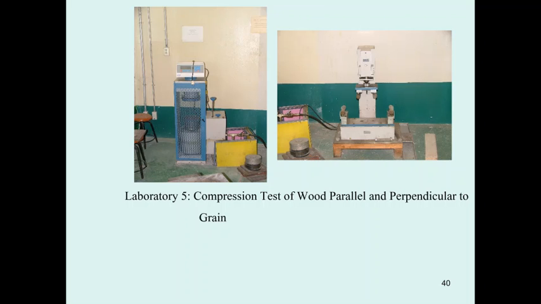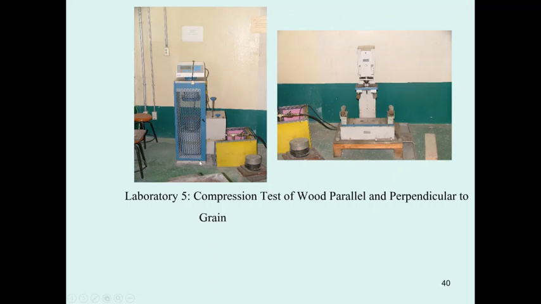Next, this machine is the 2000 kilonewton, or 2 million Newton, compression testing machine. This one will be in laboratory building F4. The machine before this one is in laboratory building F5.